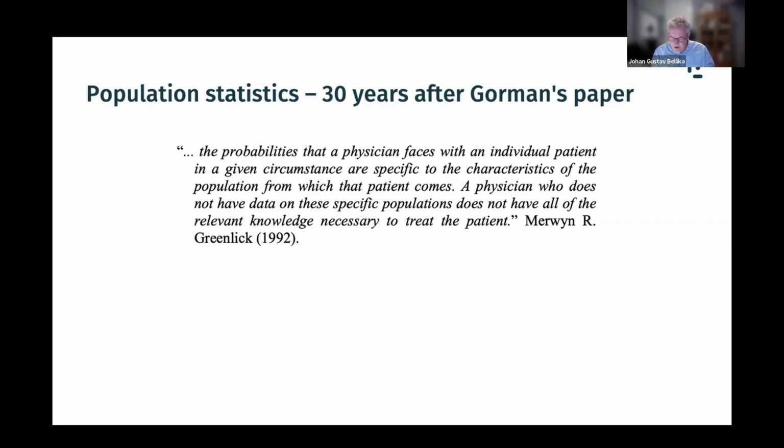This can be illustrated by taking a doctor from northern Norway and sending the person to Africa. He maybe wouldn't perform very well in the beginning. And the same if you take a physician from Africa and put him here, he wouldn't perform very well either, because the populations are different. They have different diseases.